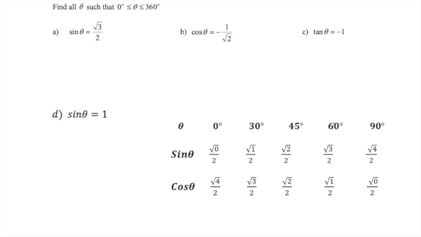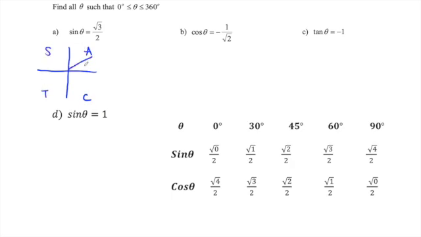Next example, again, using your chart is going to be the easiest. You could use special triangles though. So for this one, you are going to find where sine theta is equal to root 3 over 2. So sine root 3 over 2, it is 60 degrees. So you need positive as well. So see where sine is positive.